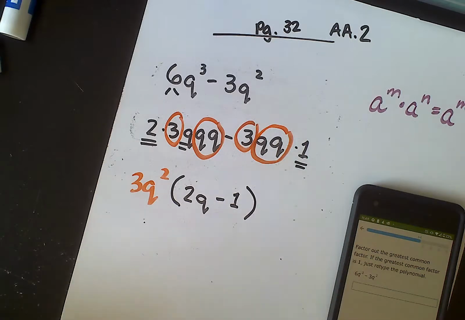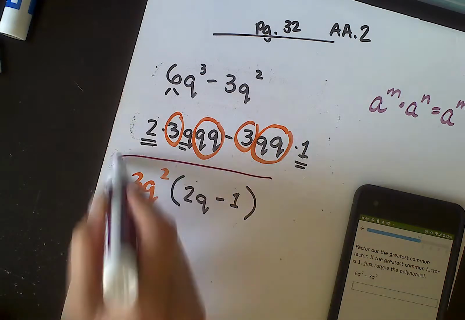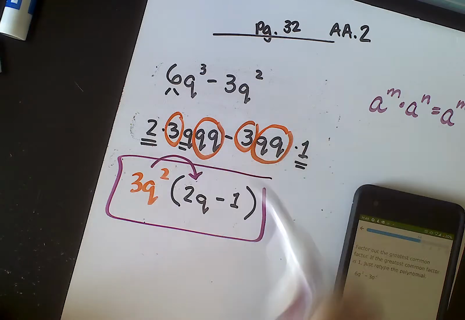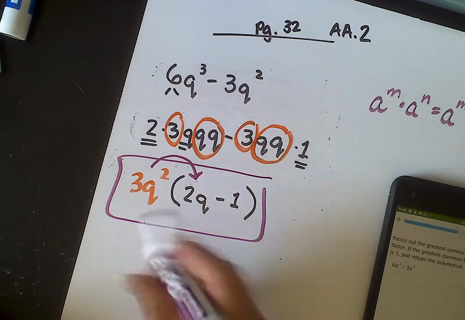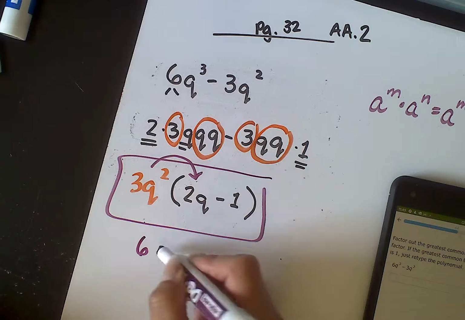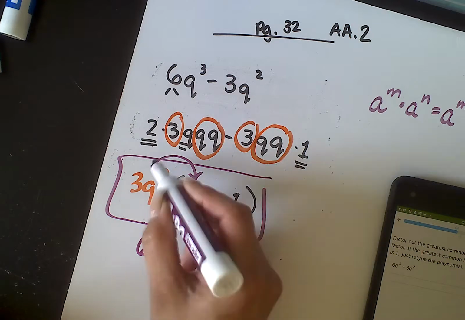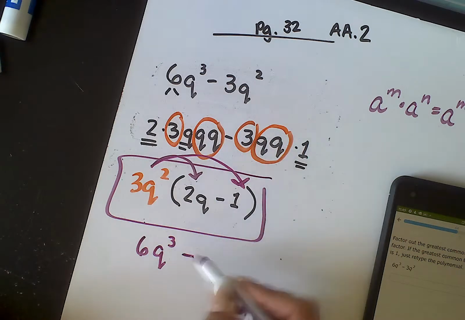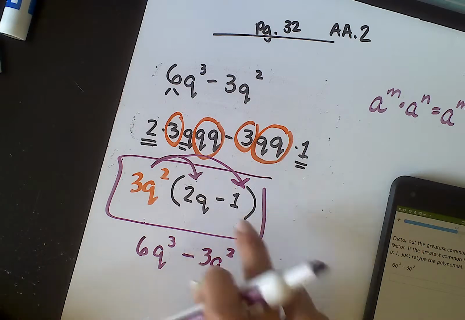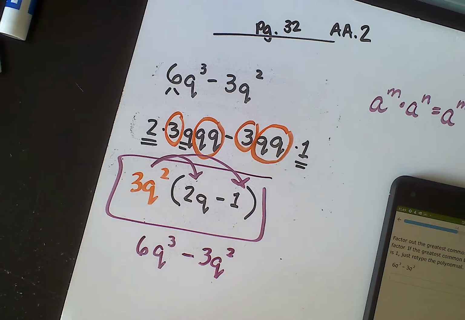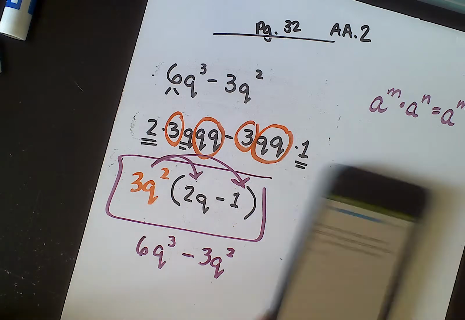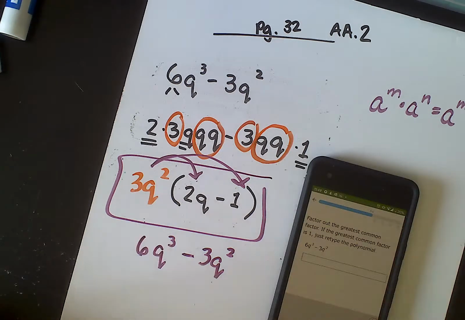Now, the reason that 1 is necessary is because as I distribute to get my final answer again, that should be 6q cubed minus 3q squared. Without that minus 1, you aren't going to get the same problem that you had at the beginning. That minus 1 is absolutely necessary, and I think that's been giving a lot of you guys some issues.